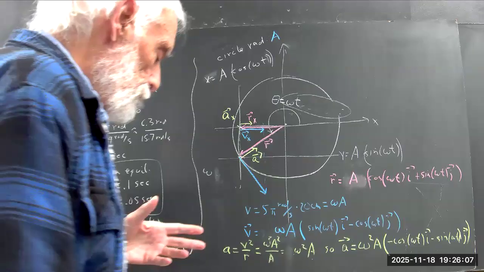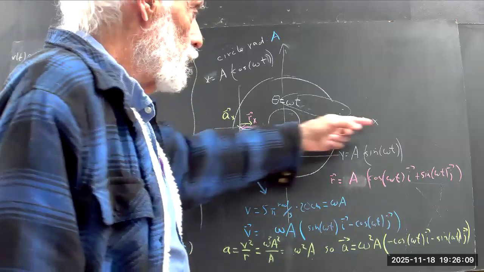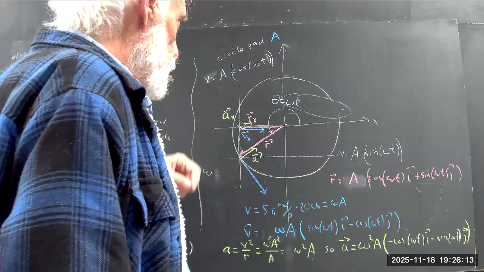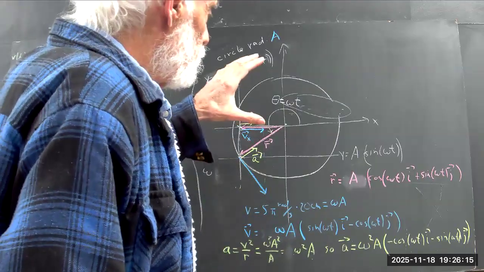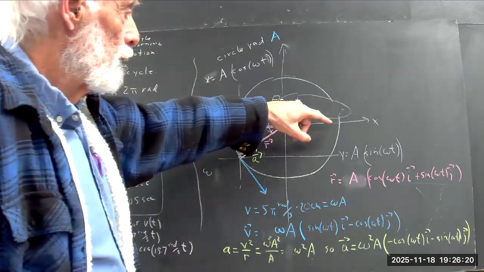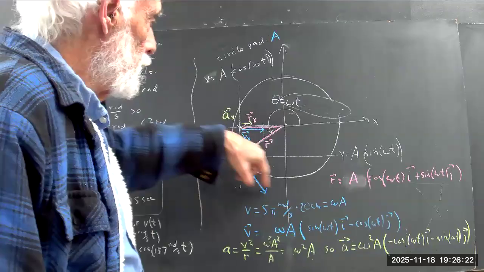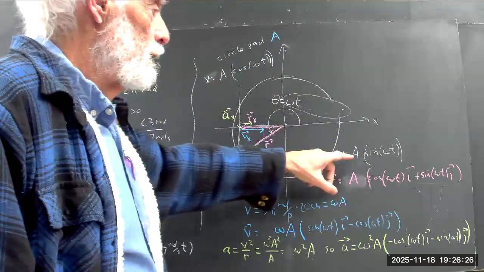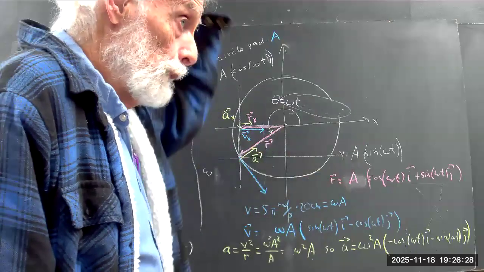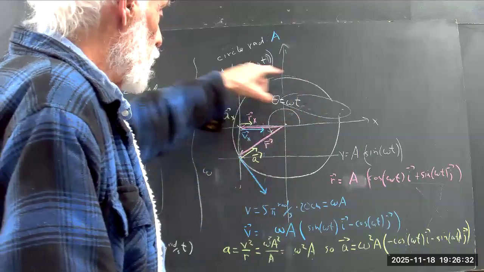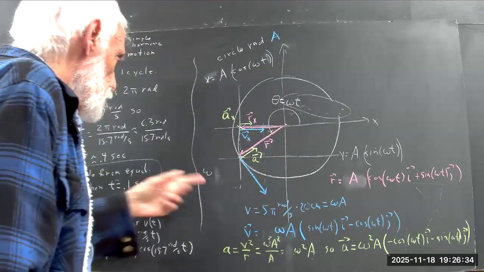What we see then is that simple harmonic motion along the x-axis is easily modeled by considering a particle moving around a circle, radius equal to the amplitude of motion, angular velocity equal to the angular frequency.